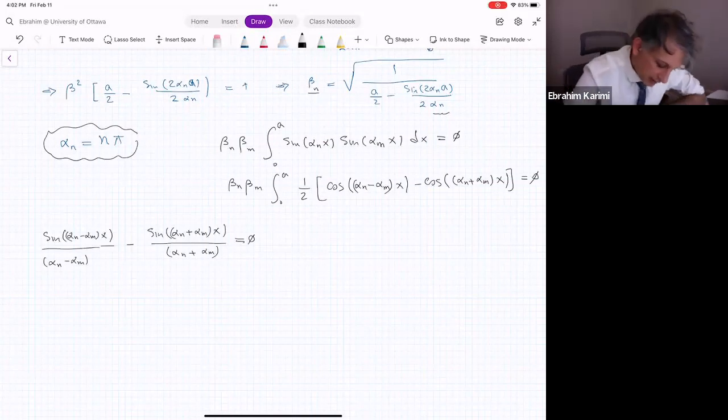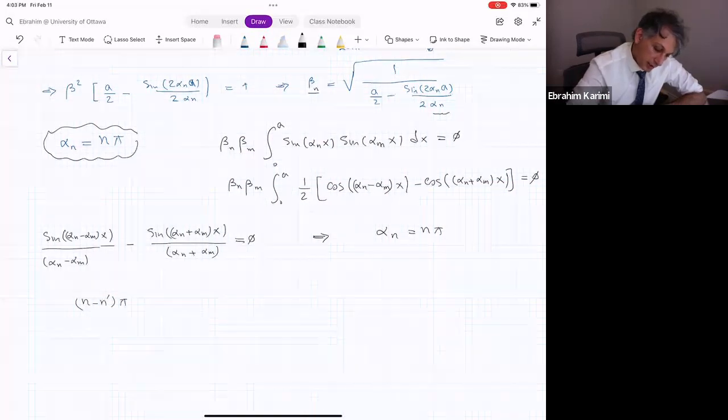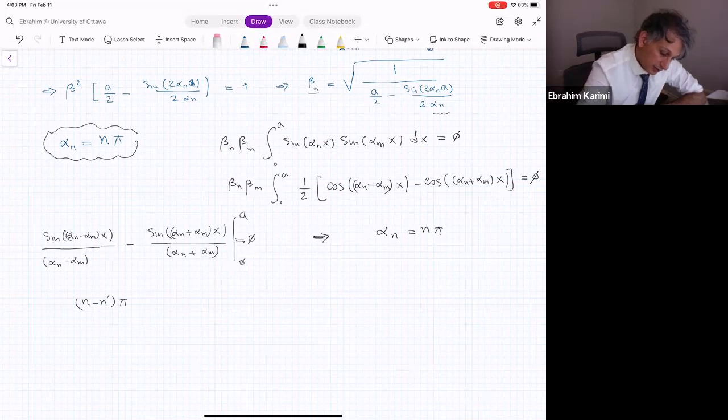If you solve this, what you will get from this relationship is that alpha n should be equal to n pi. Because if you just check it out, if you replace it inside, you will get n minus n prime of pi. By the way, that is between 0 and a. I have forgotten that, sorry, my bad.